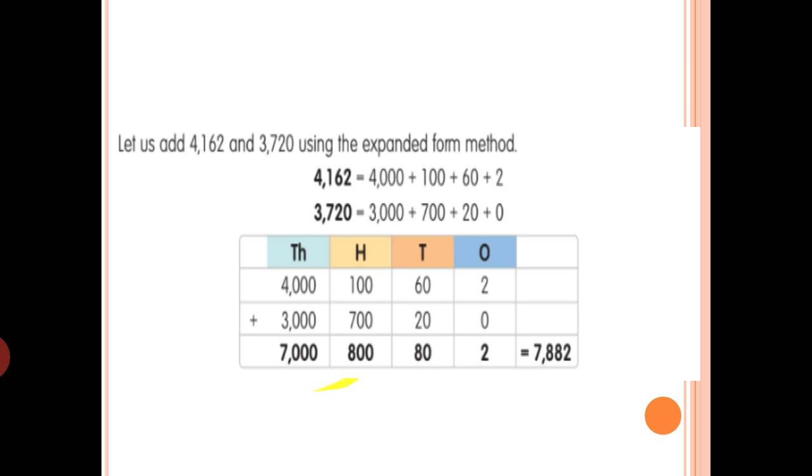Now we have added all the columns. Then we get the final answer 7000 plus 800 plus 80 plus 2. Adding all these, the final answer is 7882. That means this is the expanded form and this is the final answer while adding these two numbers.